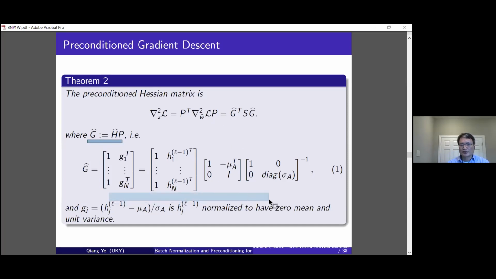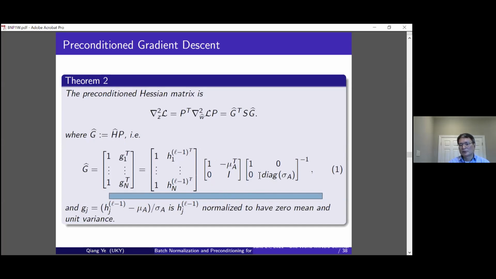G hat is H hat times P. So this is H hat, and this P is U and D inverse. Multiplying U on H hat is to subtract mu A transpose from each of the H1 to Hn here. Remember, mu A is just the mean of them. So this just centers H1 to Hn.